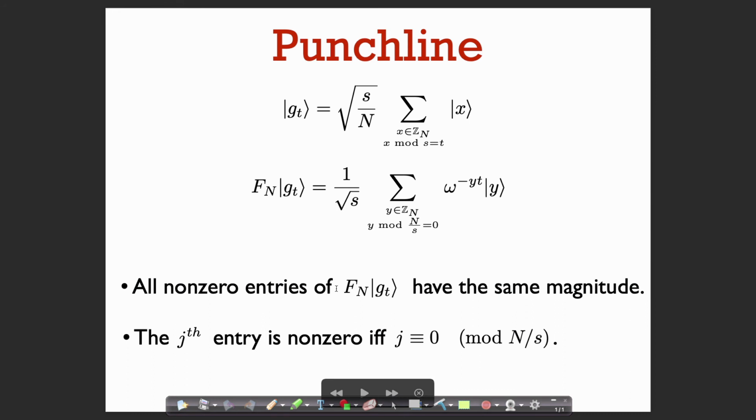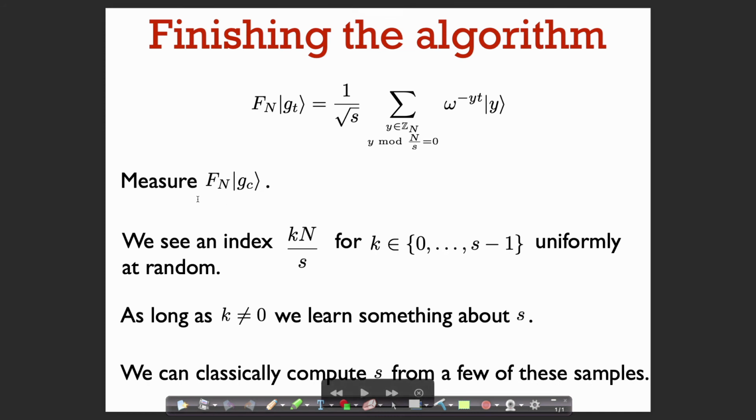The fact that all entries of the Fourier transform of GT have the same magnitude, and that the only non-zero entries are those j where j is equivalent to 0 modulo n divided by s, means that if we measure the Fourier transform, we're going to see an index j of the form k times n divided by s, for some k chosen uniformly at random in 0 through s minus 1.